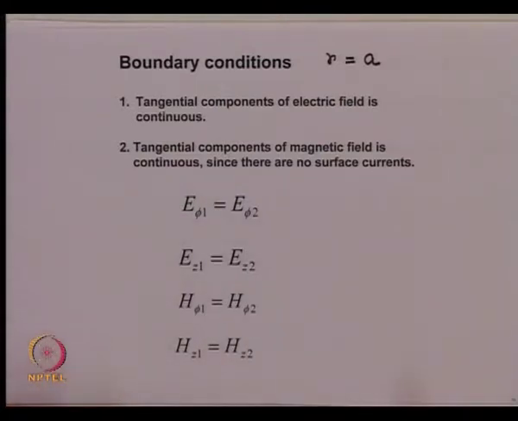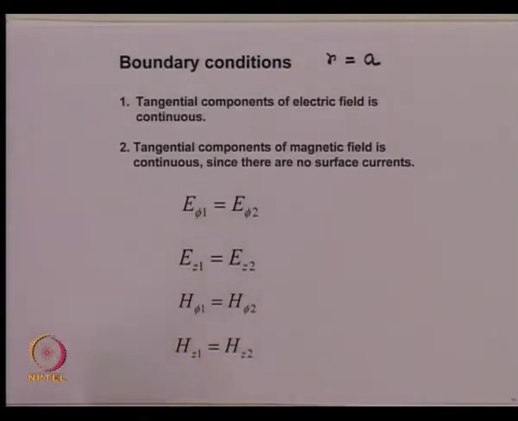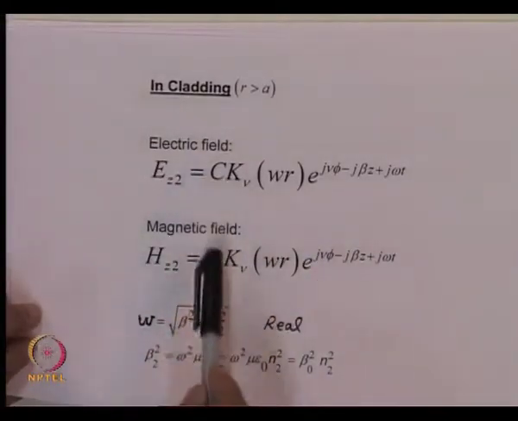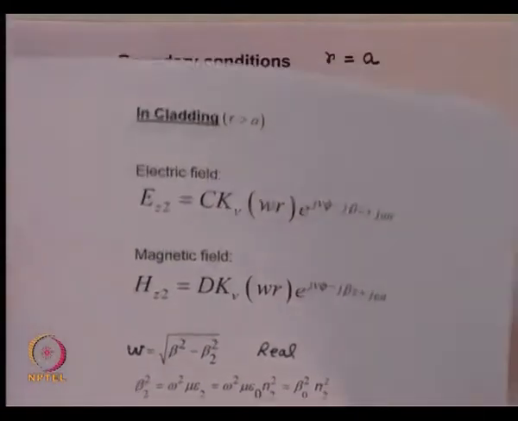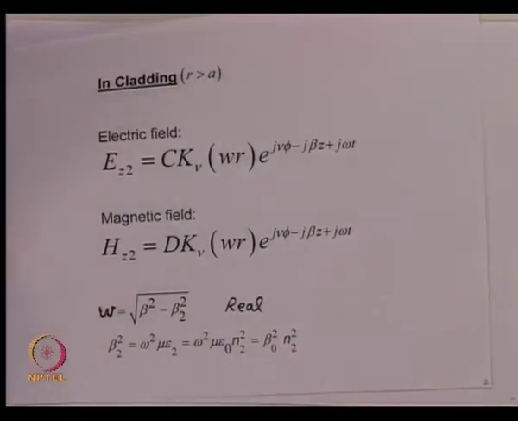So once I get the expressions for the longitudinal and transverse components, by equating these, essentially I have got four equations now. And how many unknowns do we have? We have 5 unknowns overall. We have 4 arbitrary constants A, B, C and D, which represent the magnitudes of the electric and magnetic fields, and the component beta, which is the phase constant of that field distribution in the fiber.